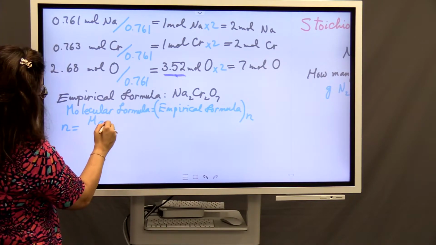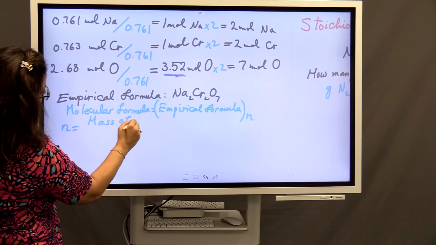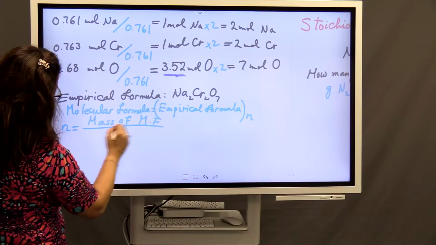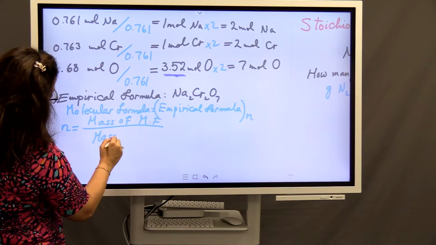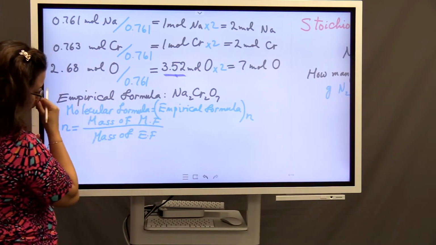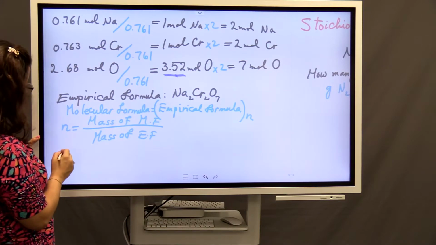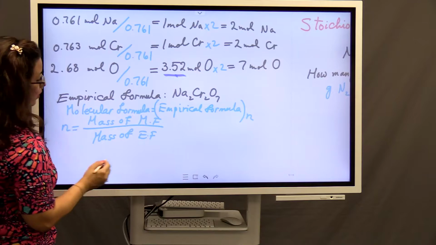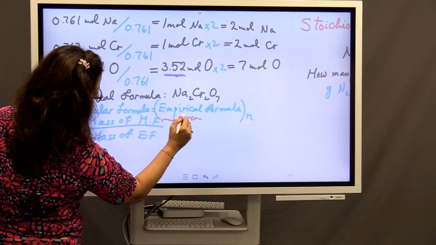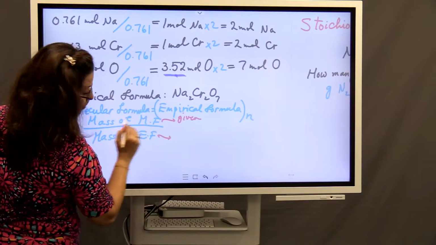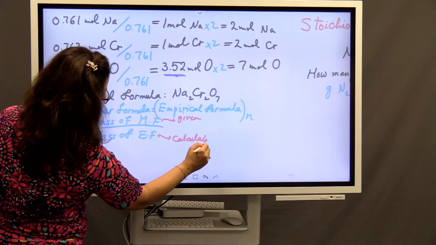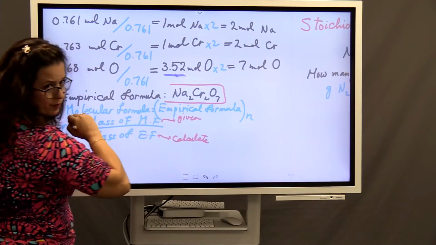N is mass of MF, molecular formula, divided by mass of EF, empirical formula. Now, the mass of molecular formula is always given, and mass of empirical formula, you can calculate it easily because now you have your empirical formula, right?